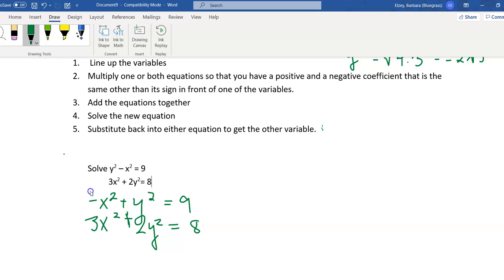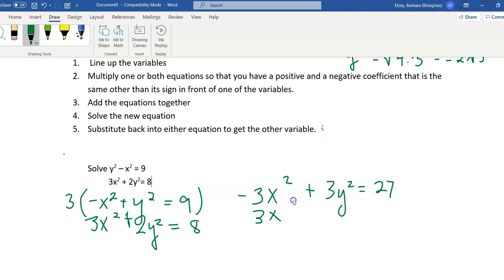So in order to get a negative 3 right there, I need to multiply by positive 3, and I have to multiply my whole equation by positive 3. So that gives me negative 3x squared, 3y squared equals 27. And then I'll go ahead and just bring this other one down here.